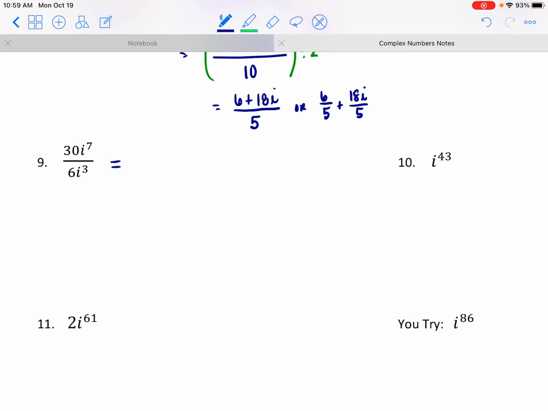Just like if these were x's, we can go ahead and divide 30 by 6 to make 5, and we could subtract those exponents. 7 i's on the top and 3 i's on the bottom are going to reduce to i to the 4th. However, 5i to the 4th is not something that's defined for us, okay?